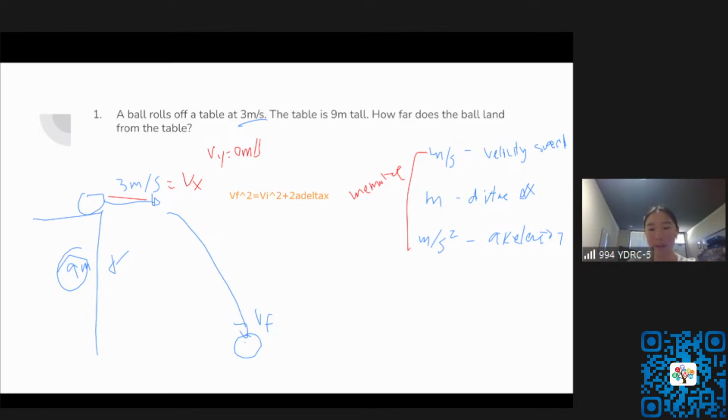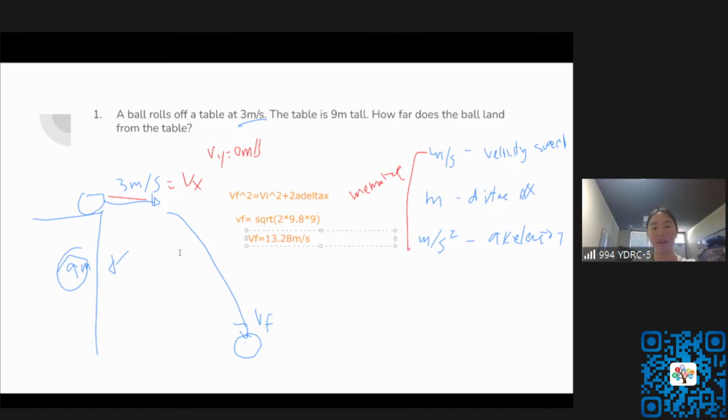So then we find that V final is the square root of 2 times 9.8 times 9, which is the square root of 176.4. So then you'll get that V final is 13.28 meters per second.